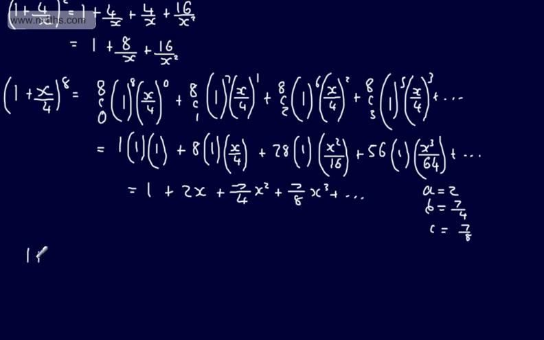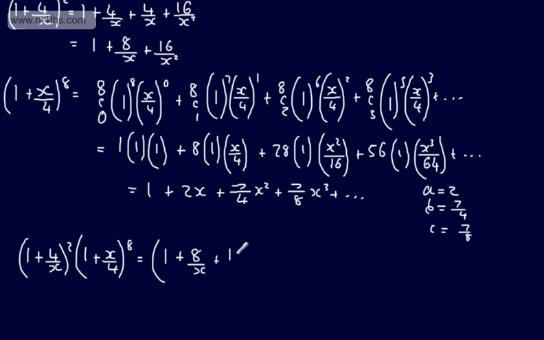So what we'll have then is 1 plus 4 over x squared multiplied by 1 plus x over 4 to the power of 8 will be equal to, and then I'm going to write the expansion of the first one, 1 plus 8 over x plus 16 over x squared, and multiply this now by 1 plus 2x plus 7 over 4x squared plus 7 over 8x cubed, and so on and so forth.